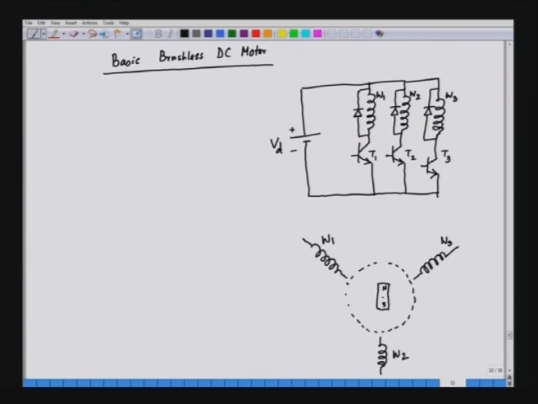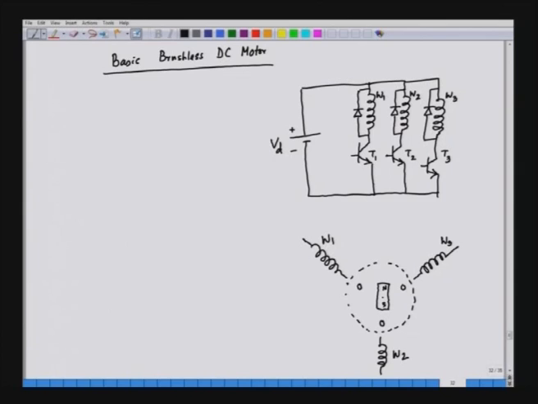All right, and in this case we also have 3 optical encoders. We have 3 photo sensors, and we have 3 light sources.